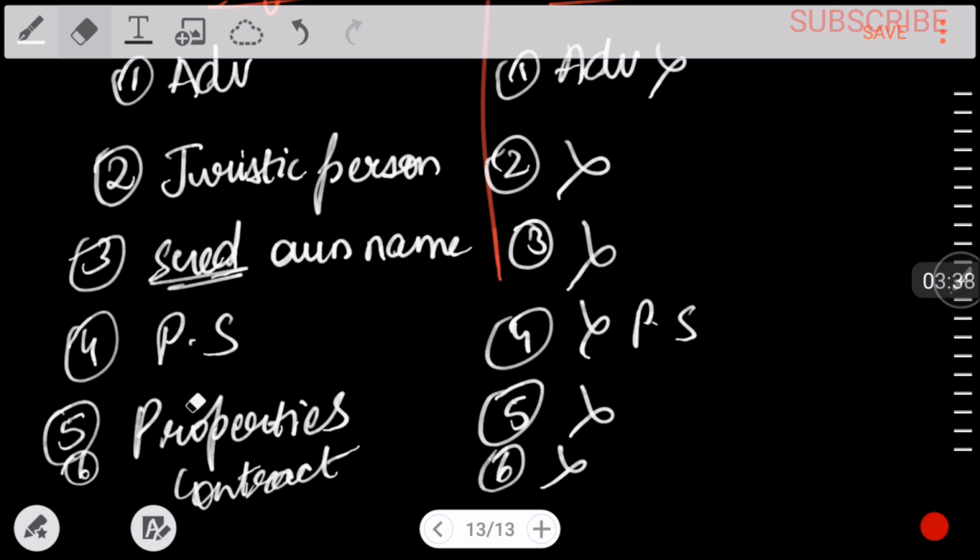Fifth point, it can acquire properties in its own name. An unregistered trade union cannot. Sixth point, a registered trade union can contract in its own name. An unregistered trade union cannot contract in its own name.